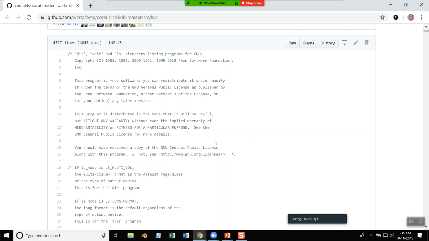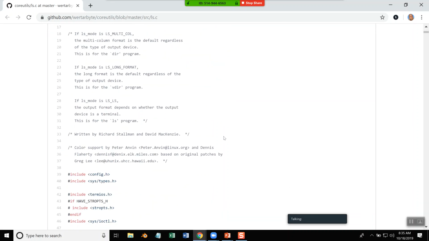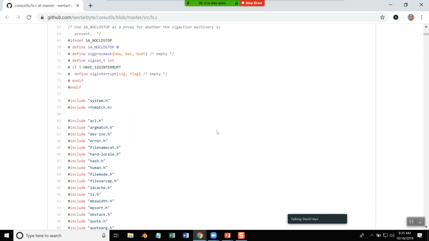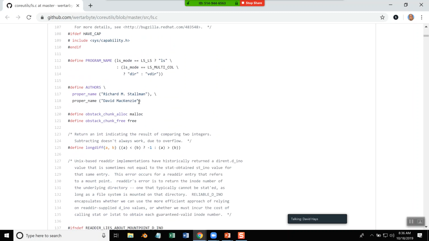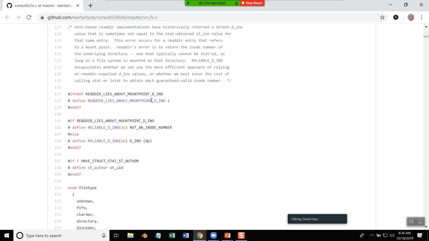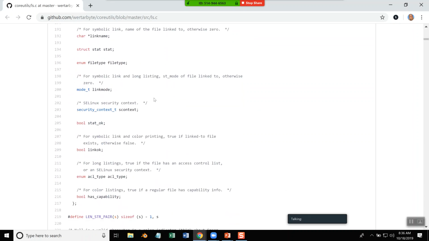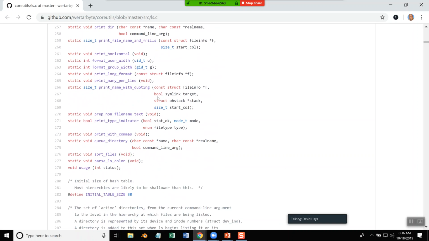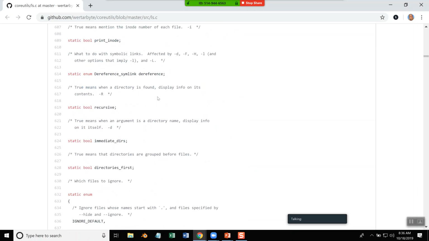I don't know what it stands for. It lists files. And you can go through here and you can see all the code for it. This is the idea behind open source: code is freely out here. You can change it. You can save it as a different name and make whatever changes you want. It would take me a long time to go through and understand this. But this is all written in C.